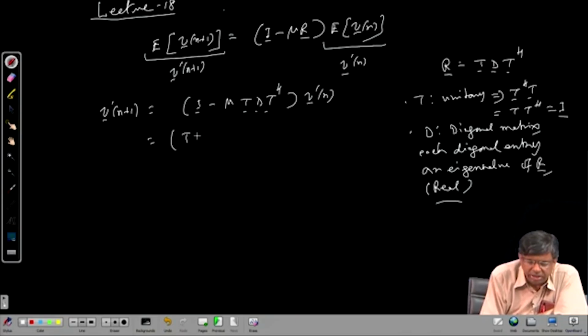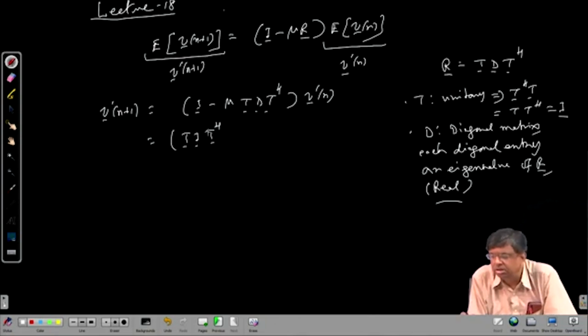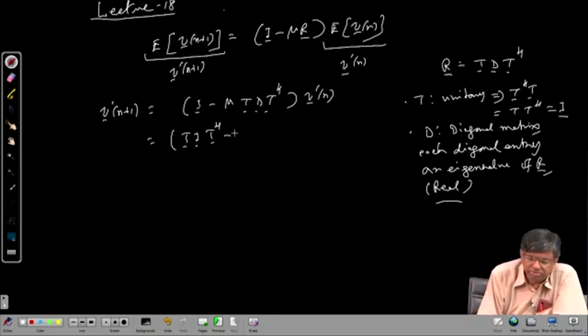Identity matrix I can write as T I T H. I into T H is T H, T T H is identity because it is unitary. Okay.